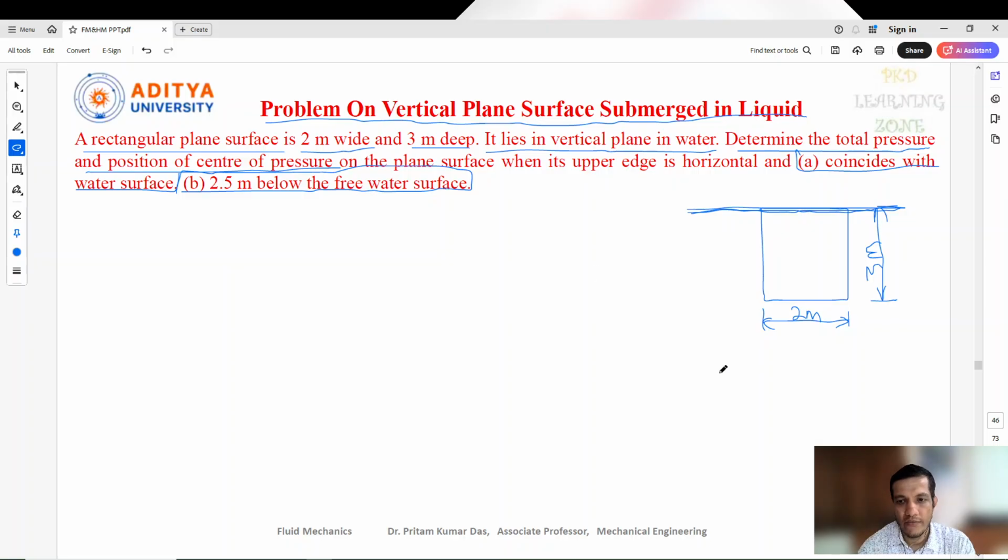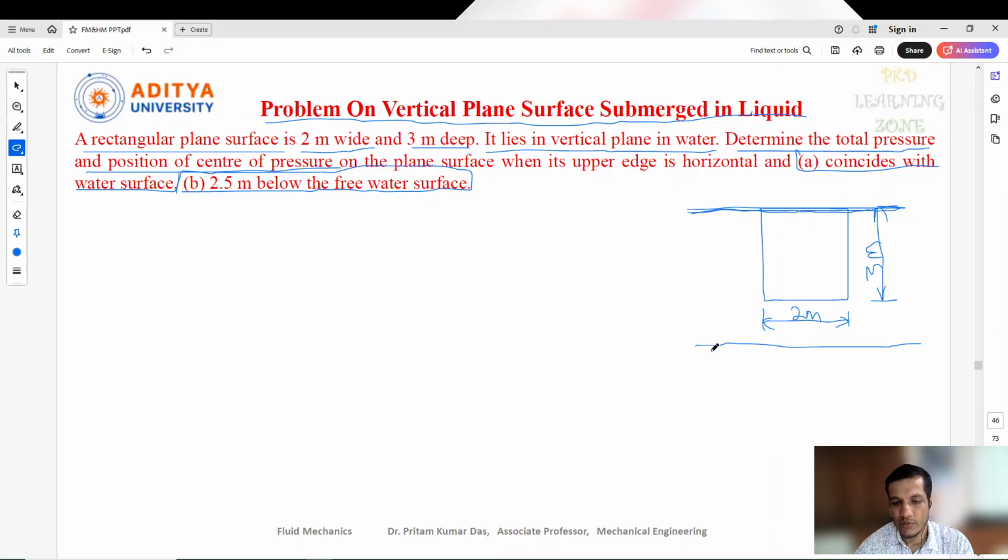The second condition is given: the same rectangular plane, which is situated 2.5 meter below the free surface of water. That means a similar kind of diagram we can draw.